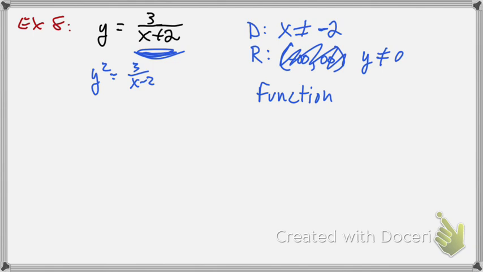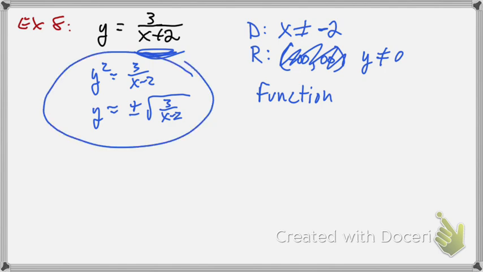So that is a function. What if I had y squared equals that same thing? Then I'd have y equals plus or minus the square root of this thing. Here, any value of x is going to give me a positive answer or a negative answer. But now x couldn't be 2, right? And x could not be equal to 2 because of this.